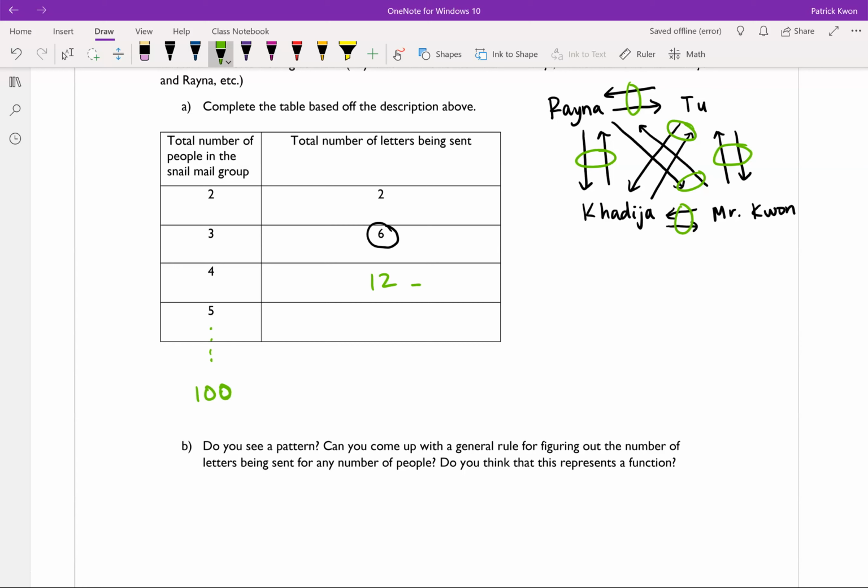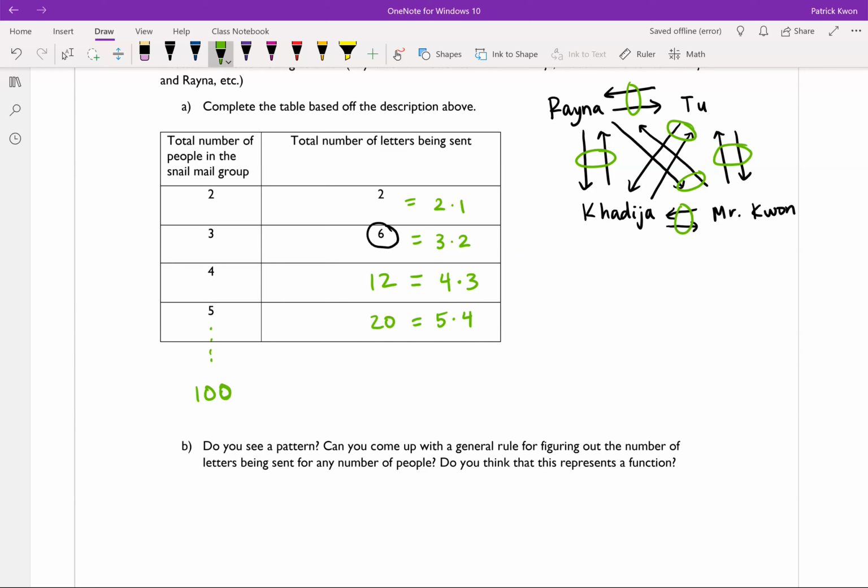And so we can actually make this into a multiplication statement. Notice that it's equal to the number of people in the group times 1 less than everyone in the group. And that pattern holds true for these other ones as well. So if that pattern were to hold true, then for 5 people in the group, it would be 5 times 4, which is equal to 20.